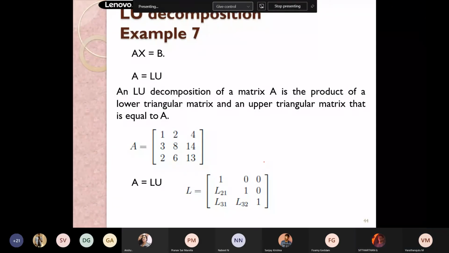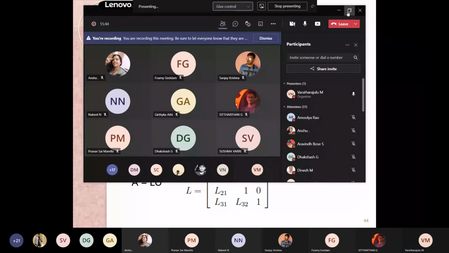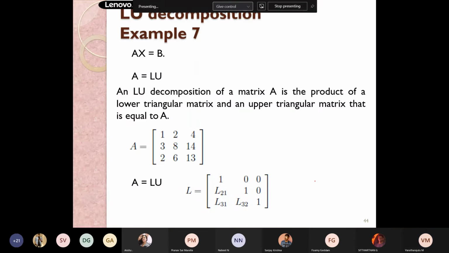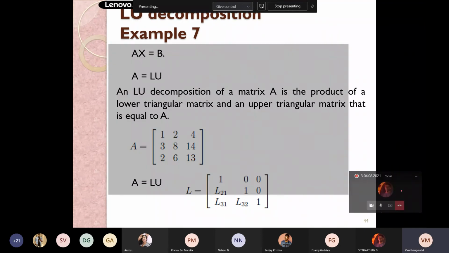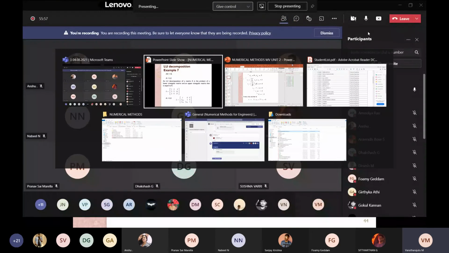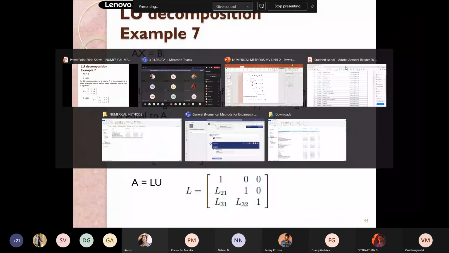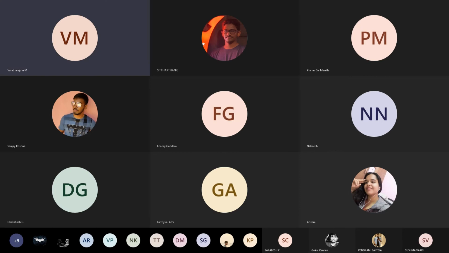Is this what you need, or any other slide? This one, sir. Okay.